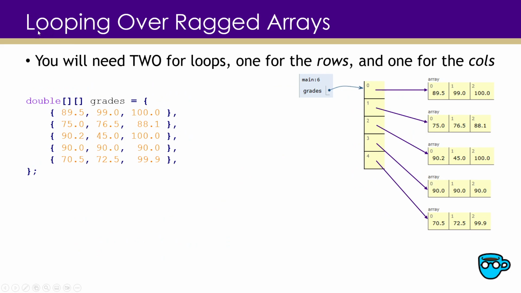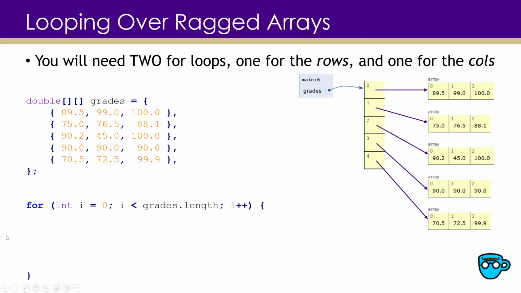Okay, so when we want to loop over ragged arrays and 2D arrays, you will need 2 for loops. All right, one's for the rows and one for the columns. Right? It's 2-dimensional, so naturally we go first row, column, column, column, second row, column, column, column, third row, column, column, column. Nested for loops.